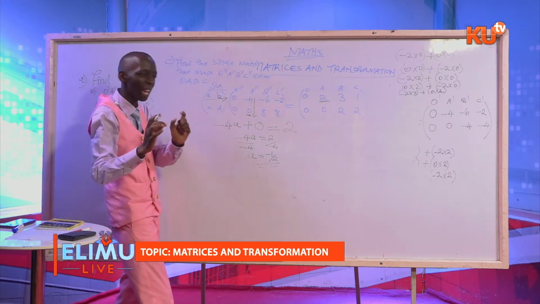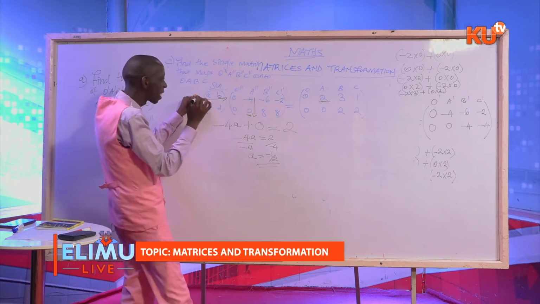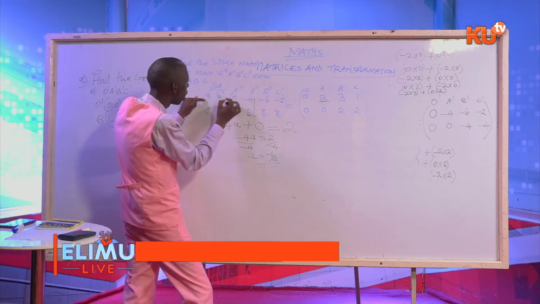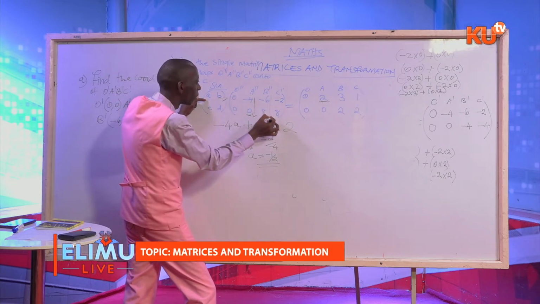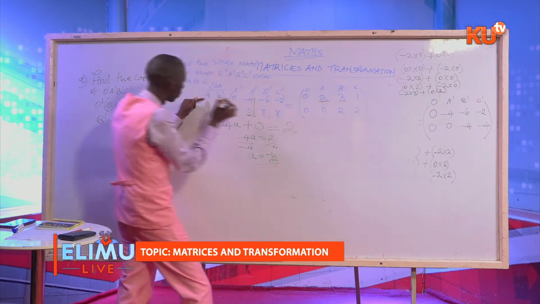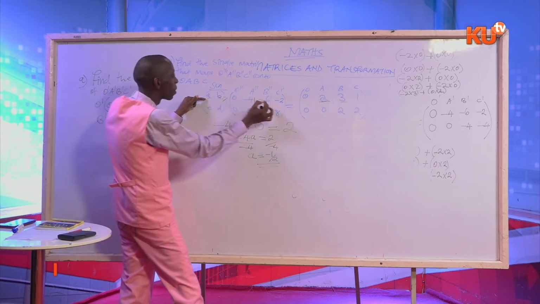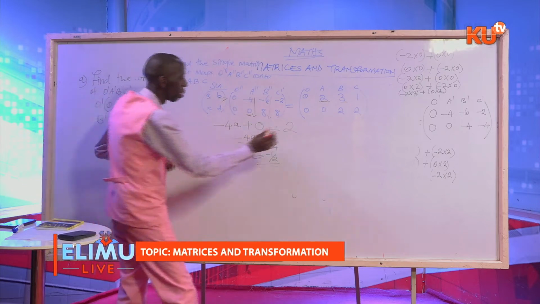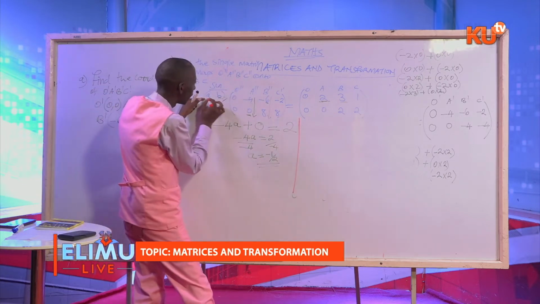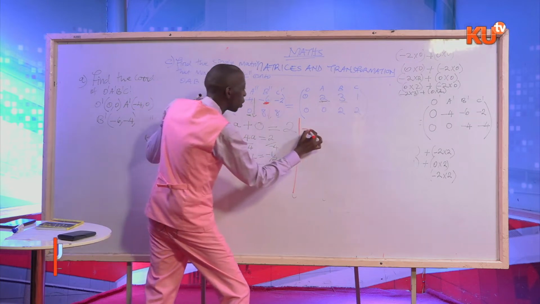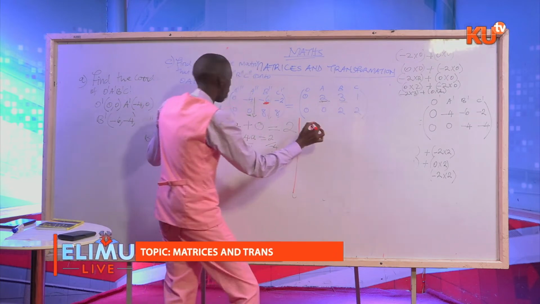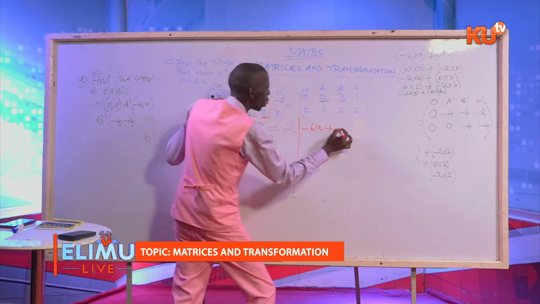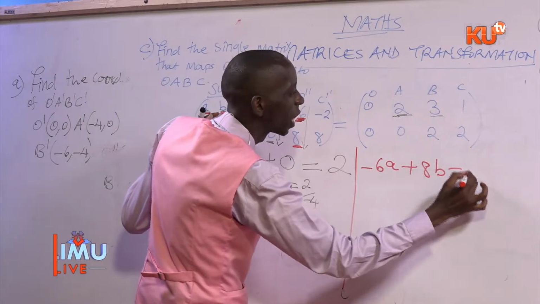We have gotten A. Now, let us move on to getting B. First row, third column should give us 3. A times negative 6, which is negative 6A, plus B times 8, which is 8B, should give us 3.